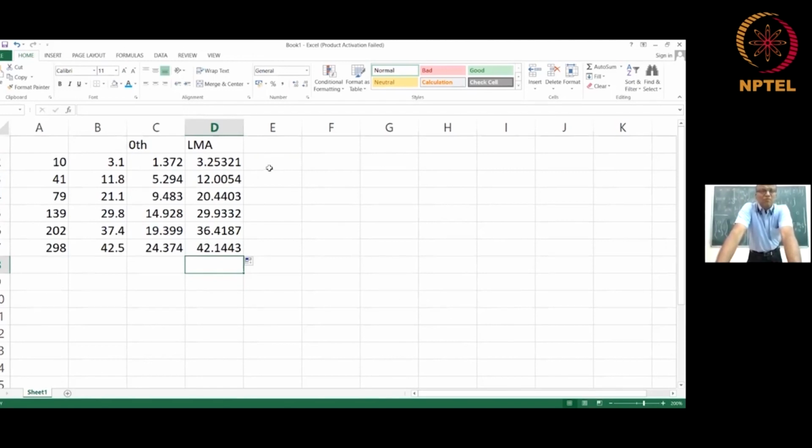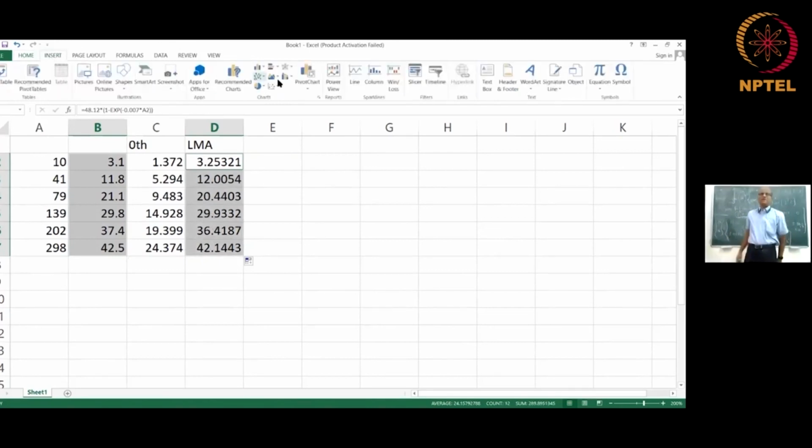Do a parity plot of B versus C and B versus D. Can you do it on the same plot? Forget A. So B versus D. Parity plot is a comparison of values.